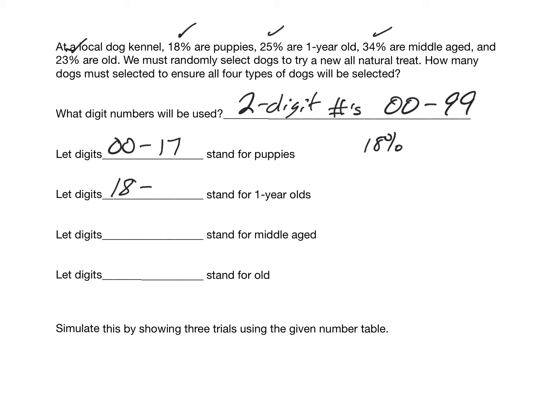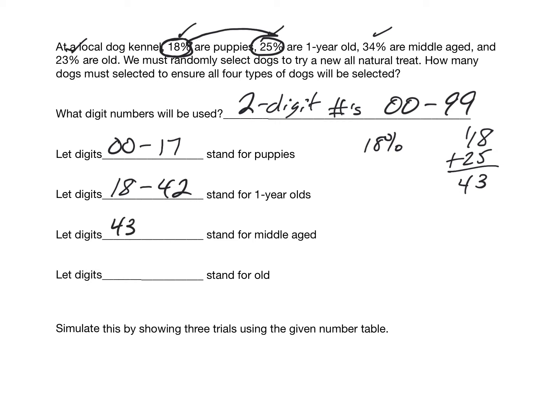Now, let me give you a hint, a technique. If you take 18 and add it to 25, 18 plus 25, that's 13, carry the 1, that's 43. If you go 1 less than that, 42, that will be 25 numbers. What comes after 42?